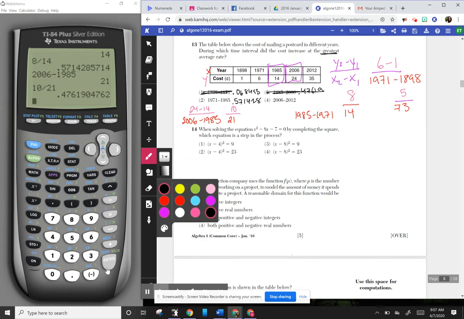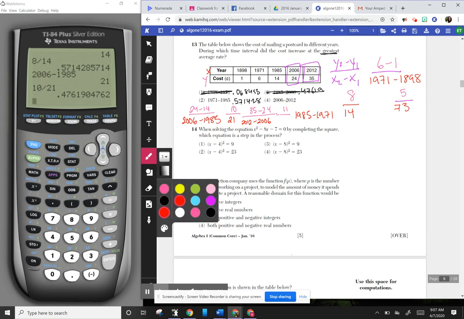And now we just have to test our last interval. This one is from 2006 to 2012. So we're going to do 35 minus 24 divided by 2012 minus 2006. 35 minus 24 is 11.